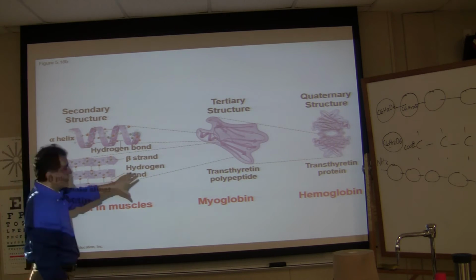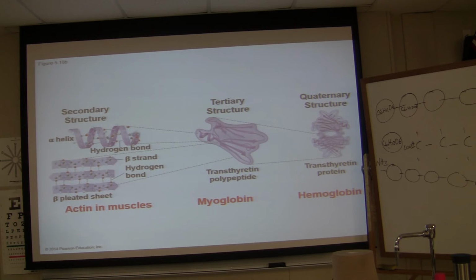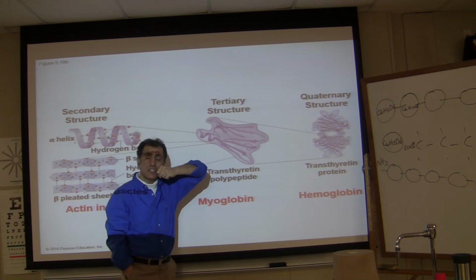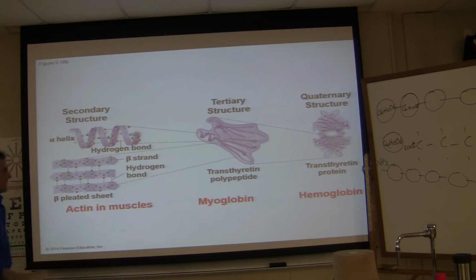And then actin, in muscle cells, would be an example of a beta. Myoglobin, which is in your muscle cells, stores oxygen for you. Myoglobin is a protein molecule in muscle cells, and that would be an example of a tertiary structure.